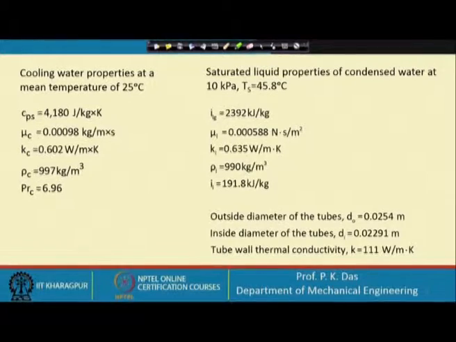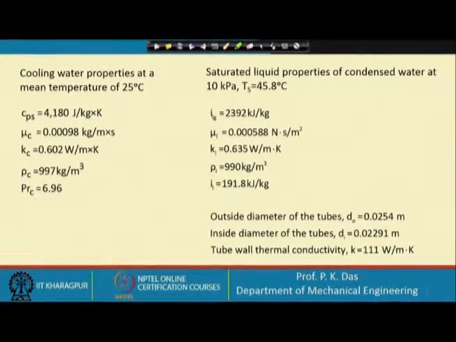So, we have got the specific heat, we have got the viscosity, we have got the thermal conductivity and then we have got the density of liquid water and ultimately we have got the Prandtl number of the liquid water. Similarly, saturated liquid properties of the condensed water on the shell side, we have got the latent heat of vaporization.